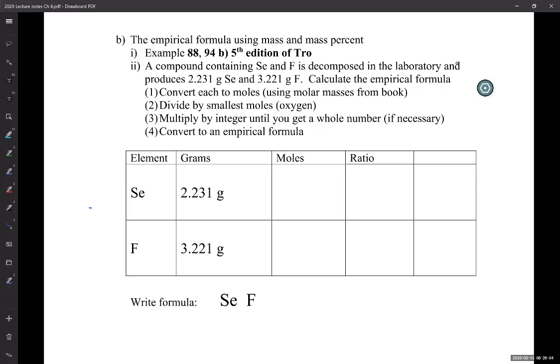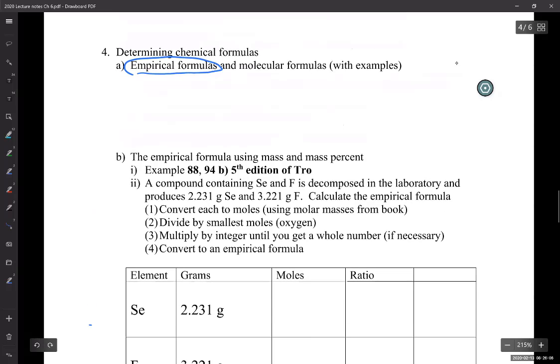So the process is going to look like this. I'm going to take grams of each substance, and the table is how I set it up. And if you do it that way every time, it should work every time. You take grams of selenium, grams of fluorine, and then we're going to convert that into moles.